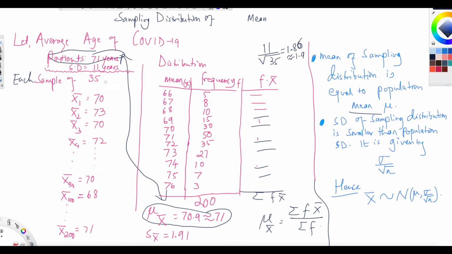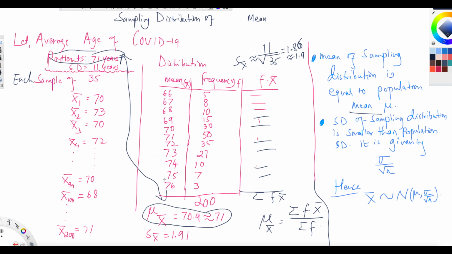So how much smaller is that? That will be the population standard deviation divided by root n, the square root of the sample size. So the standard deviation of the sample means, s of x bar, is almost equal to 11 over root n, or sigma over root n. That's what it says.